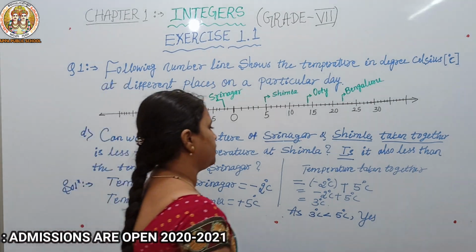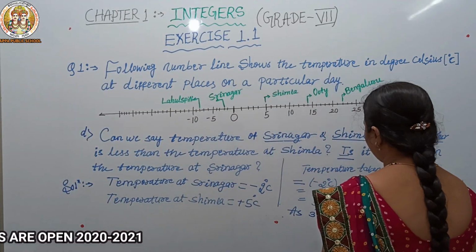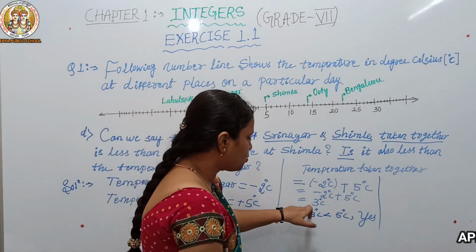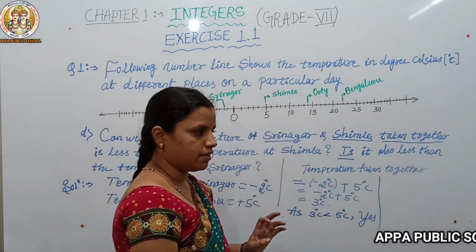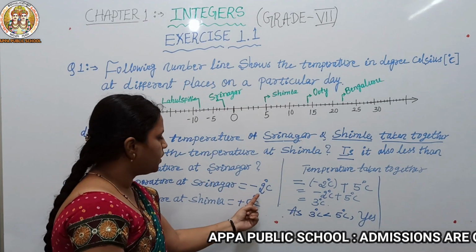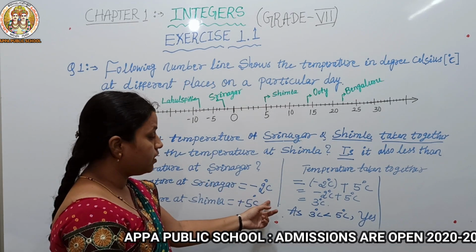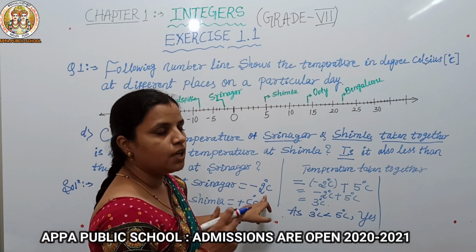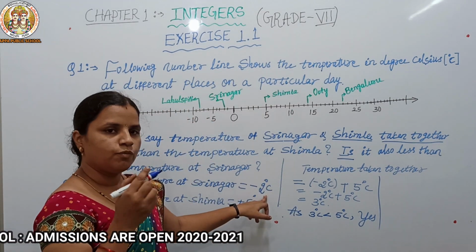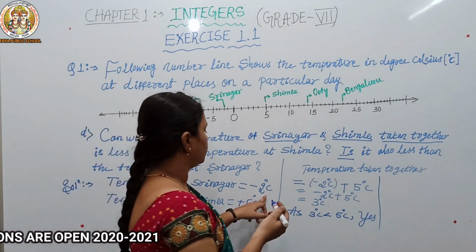And one more question here. Is it, meaning the 3 degrees Celsius, also less than the temperature at Srinagar? What is the temperature at Srinagar? -2 degrees Celsius. As I said, whatever numbers have the minus, those are less.